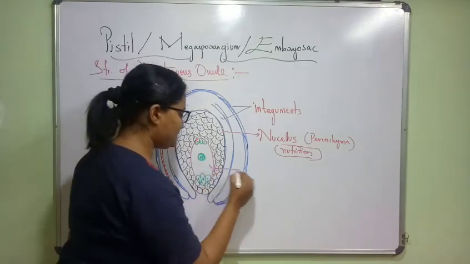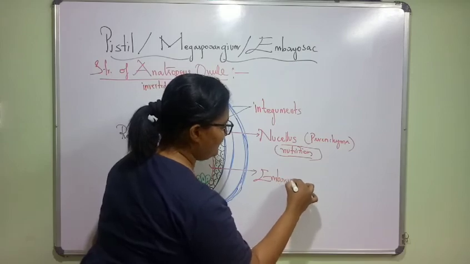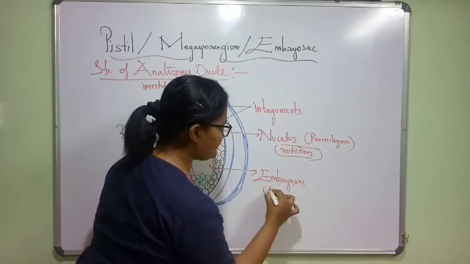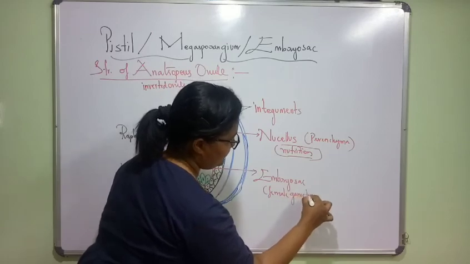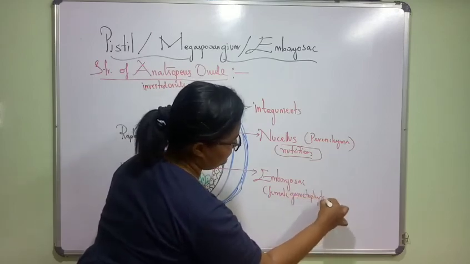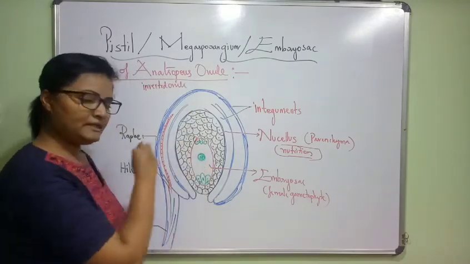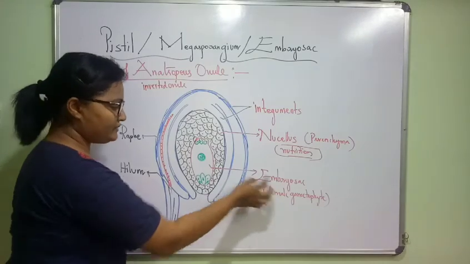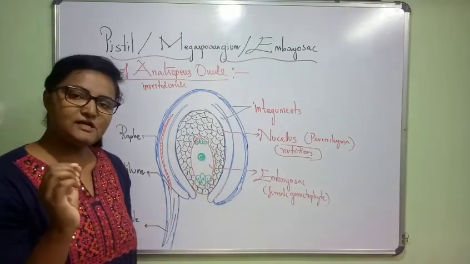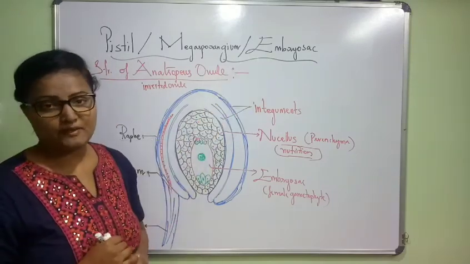And there will be the presence of the embryo sac. This is our female gametophyte, which is present in the nucellus portion. The labelings of the embryo sac we will study in detail when we study the structure of the embryo sac.